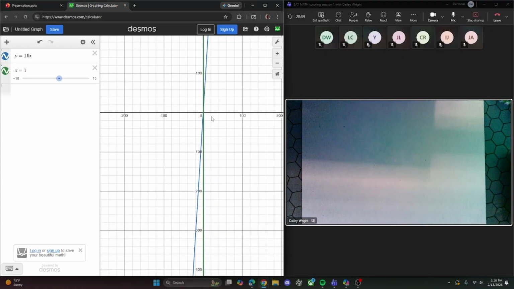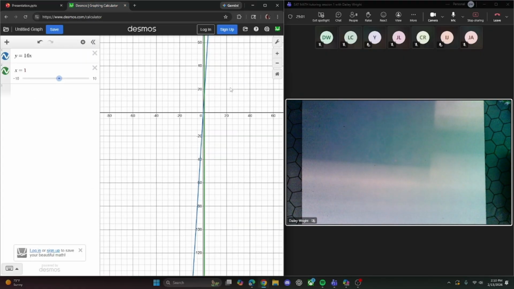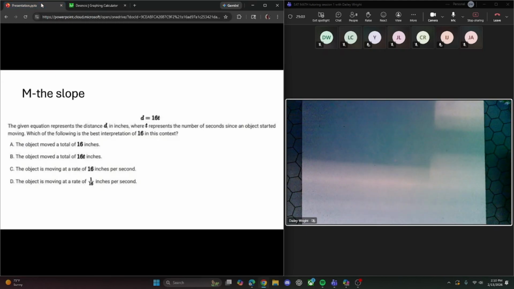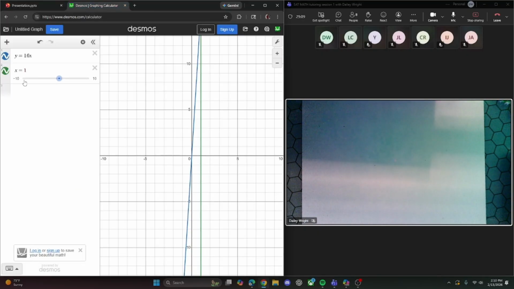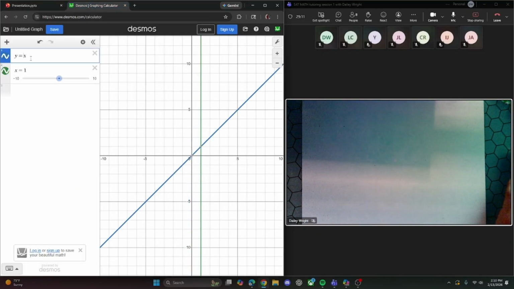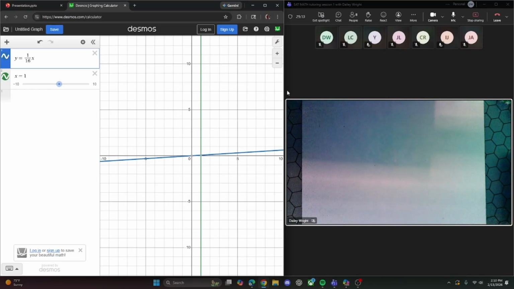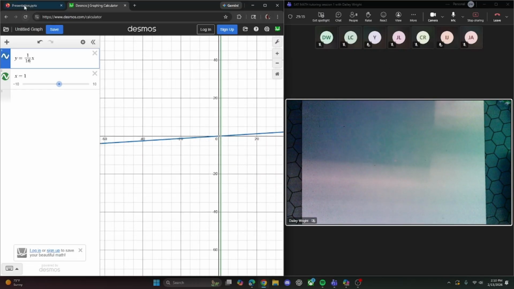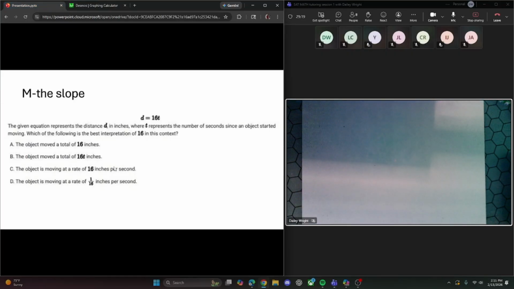So for every second it increases 16 inches, that would be your correct answer choice. And then 1/16, that would look like this, which it is not doing that based off the equation. So that's one way you might see a slope be interpreted on the SAT.